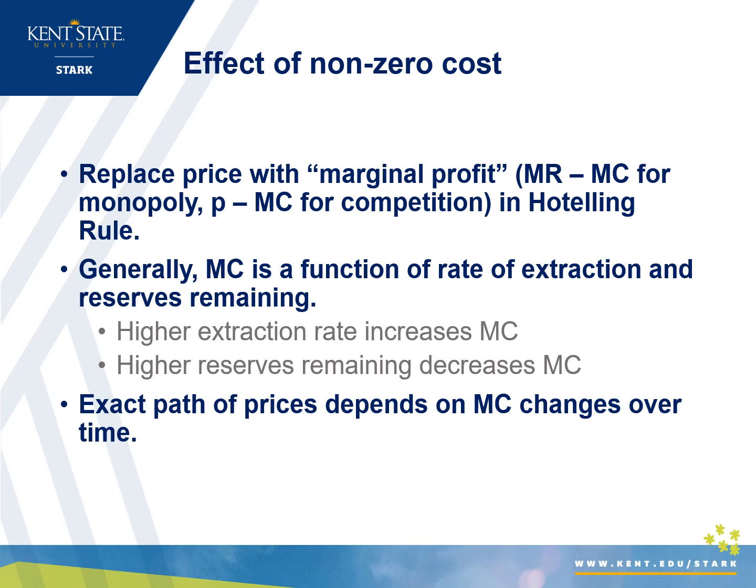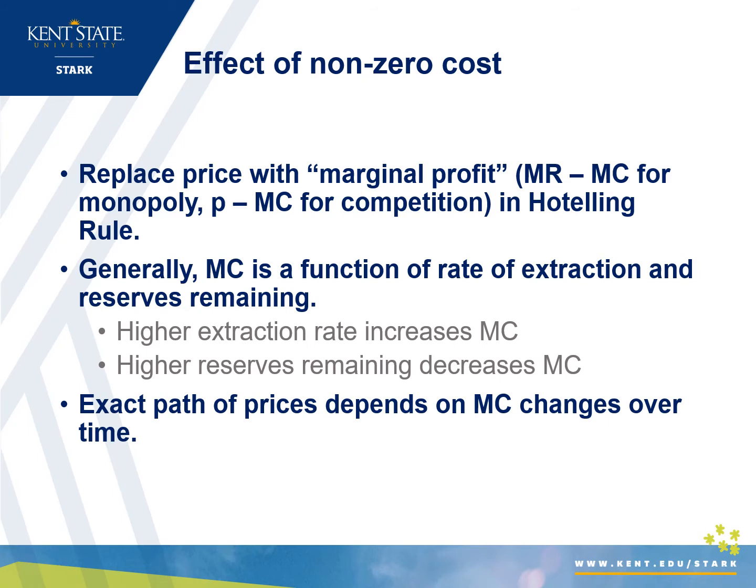Now, the exact path of prices is going to depend on how marginal cost changes over time. Because one thing that we know is that over time, we're going to change our extraction rate and the level of reserves is going to change. Those will have an impact on marginal cost. But it's also true that marginal cost changes for lots of other reasons. It might be that we develop new technologies that allow us to extract resources in a more efficient manner, for example.